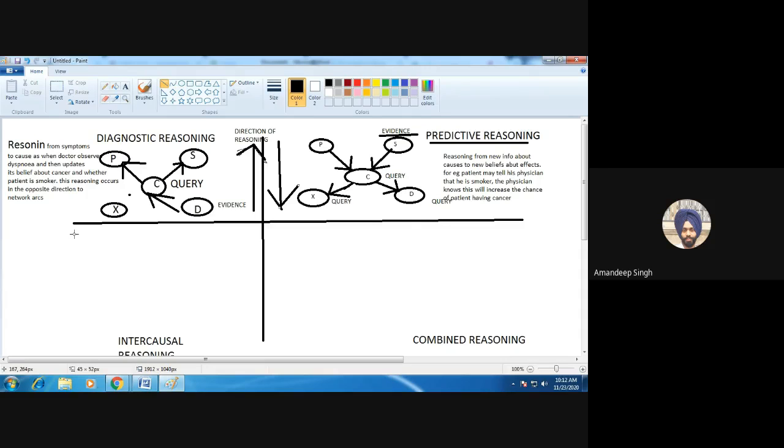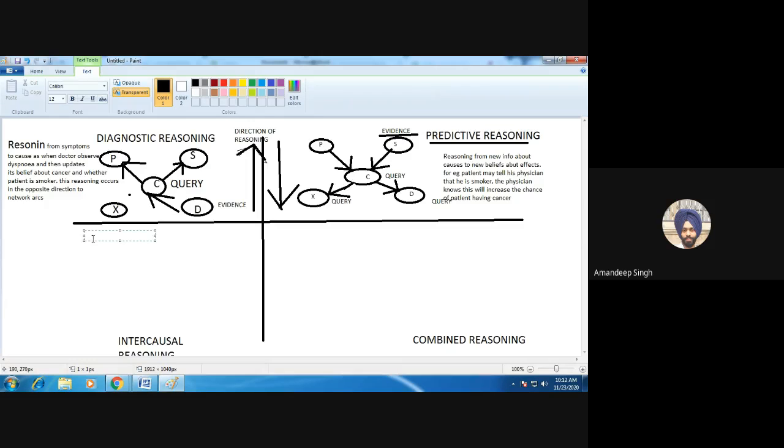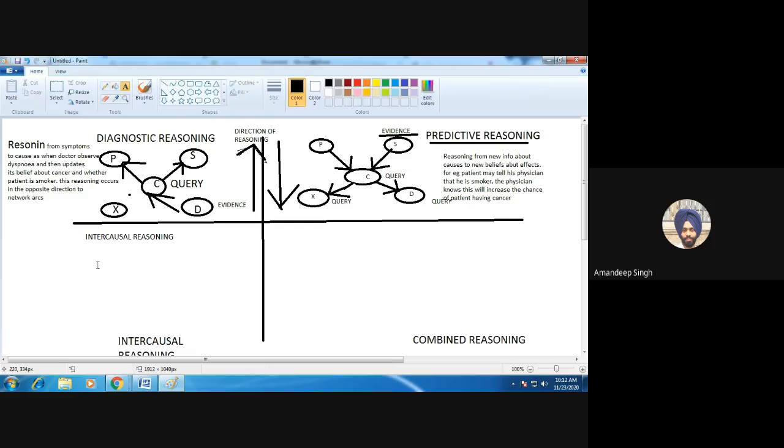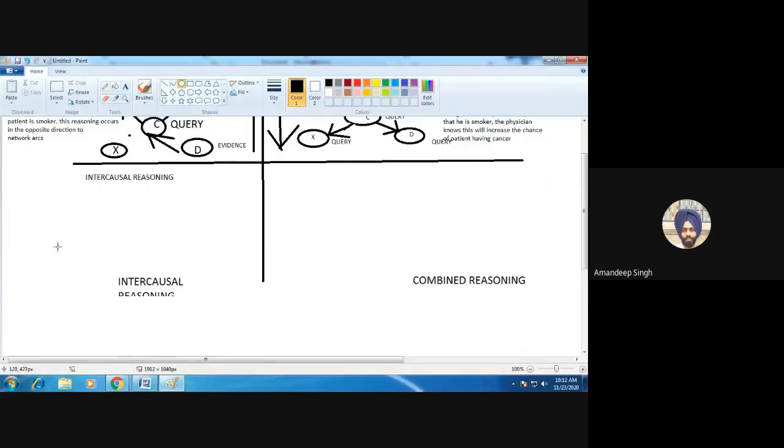Fine. And next, the third one is causal reasoning. Now what is there in this?